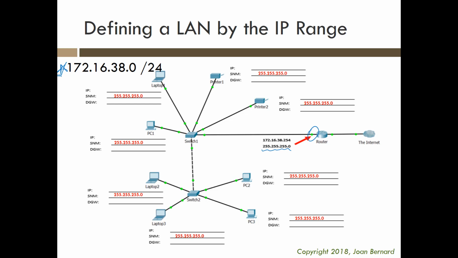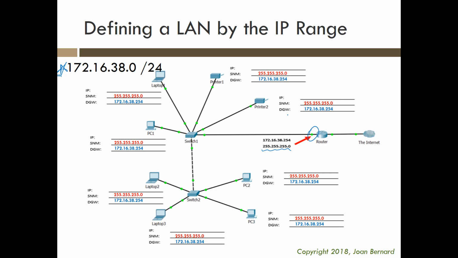Remember that the router IP address, in this case 172.16.38.254, is also called the default gateway for this LAN. All devices on this LAN will need to specify the default gateway in order for traffic to leave the LAN and to be able to be routed outside of the LAN.